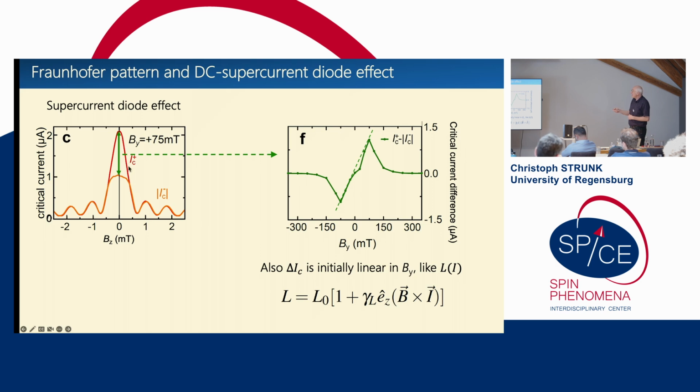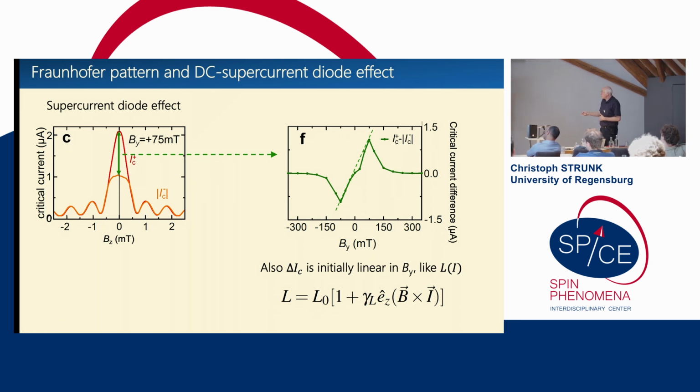We were surprised that the effect vanishes so rapidly. With the eyes of love, you can see a little red above the orange, so there seems to be still a tiny effect. But the main thing happens at zero field, and it has this non-monotonic shape, the amplitude of the diode effect, or the difference of the two critical currents.